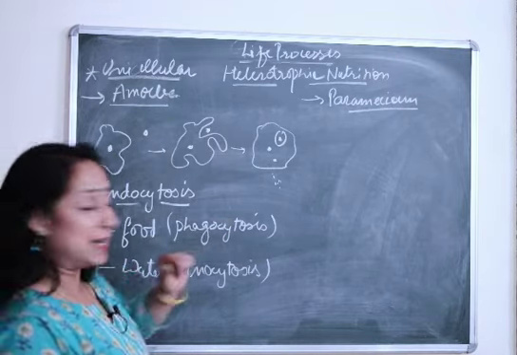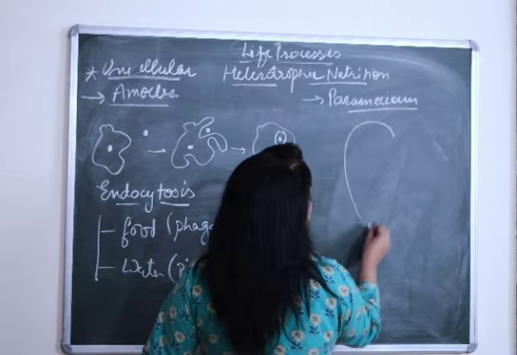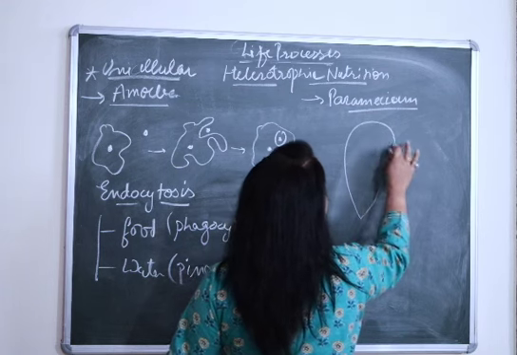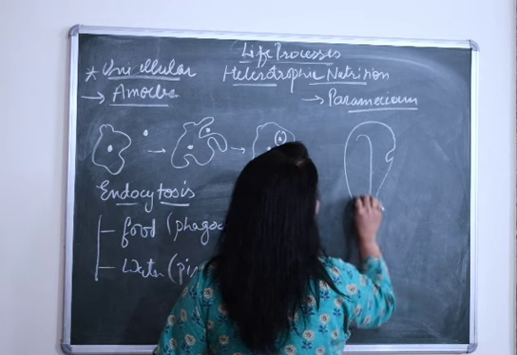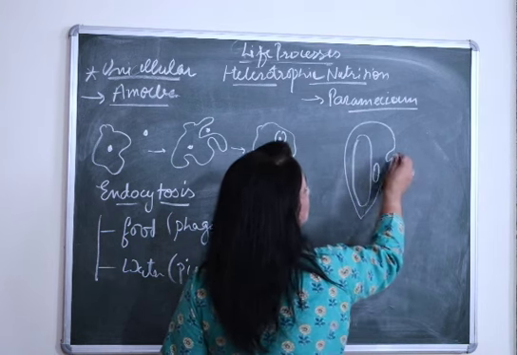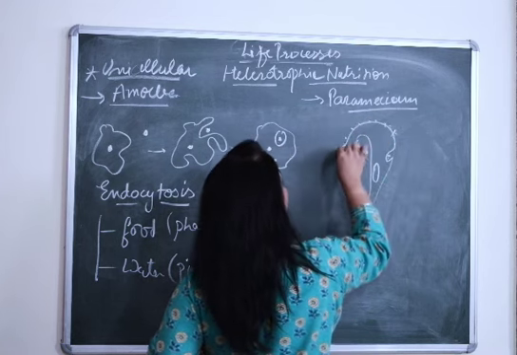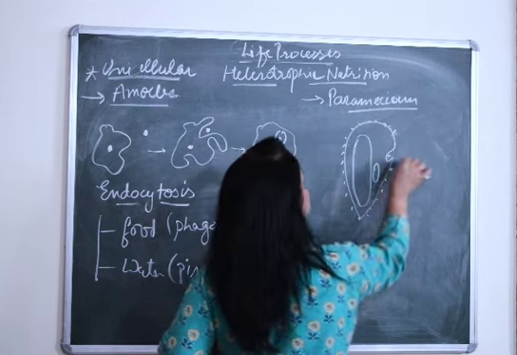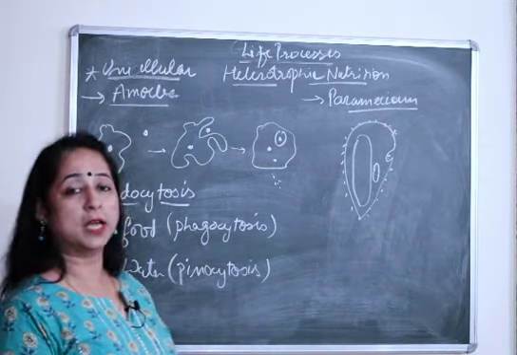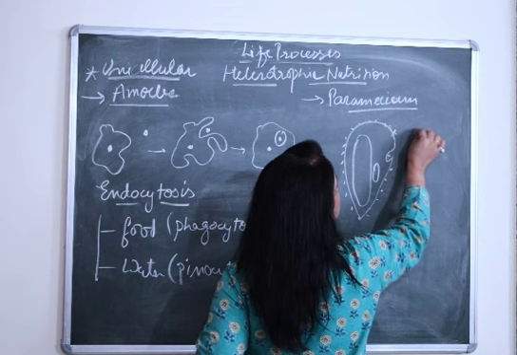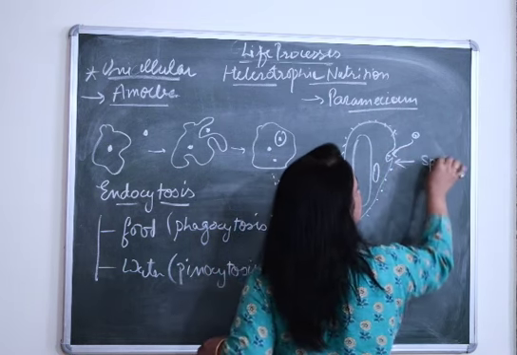When we talk about paramecium, the slipper organism, it has such a shape, and it has a big nucleus, the macronucleus, and a small nucleus, but we are specifically talking about this part, and it has small thread-like extensions known as cilia around it. So here it does not extend out pseudopodia around the food particle. Suppose this is the food particle, it will enter inside paramecium through a specific spot.